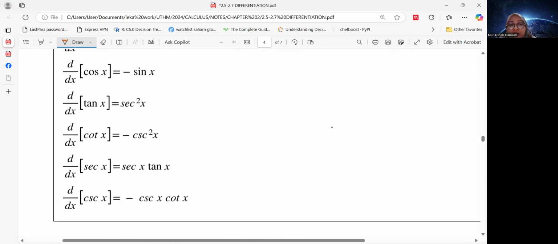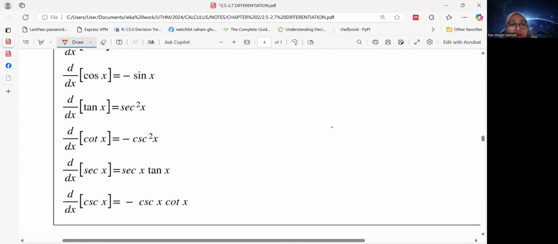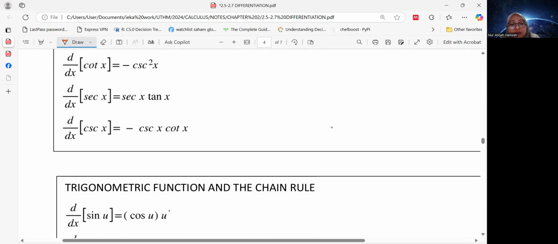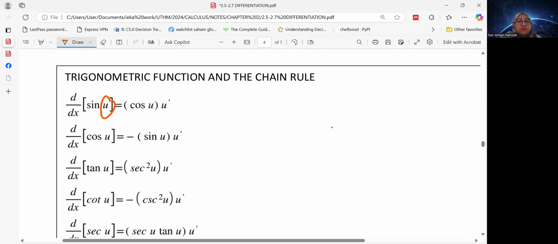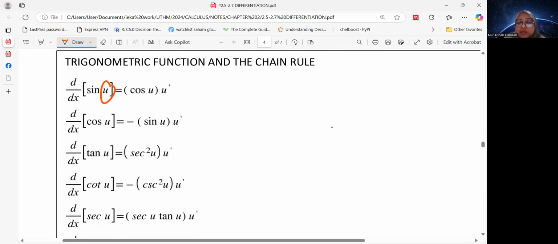Okay, ini kalau awak punya sebutan, d over dx and it is x right here. But if this something u becomes a function, x plus 1, x squared plus 3, so this part we have to use trigonometric function and the chain rule. Apa maksudnya kat sini?